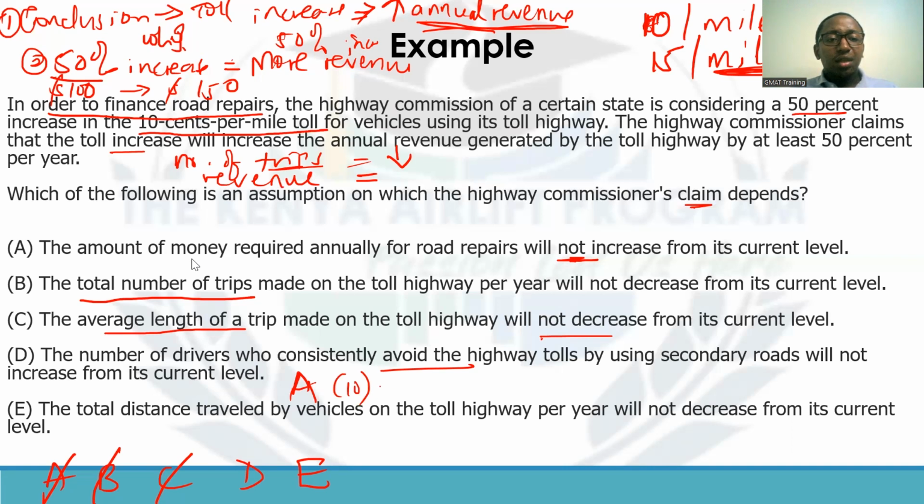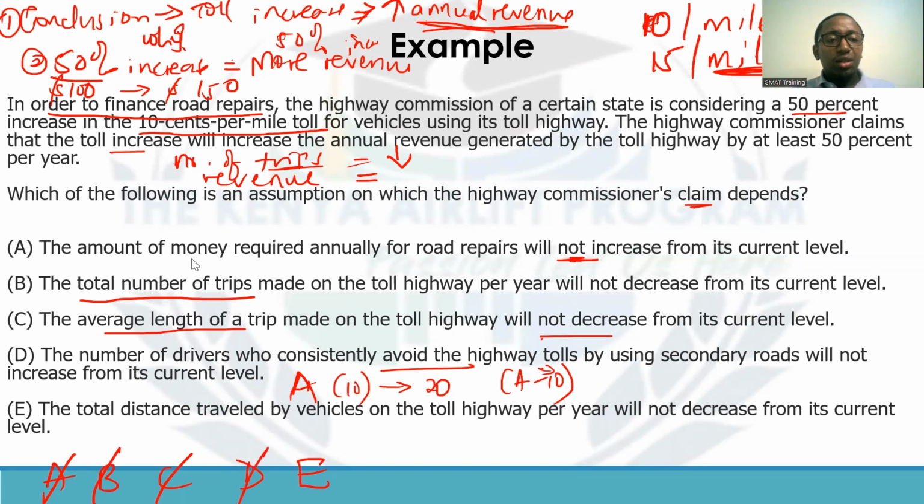If this 10 turns to, say, 20, we have A minus 10 drivers driving through that road. So there are fewer drivers driving, but what if those remaining drivers increase the amount of traveling they do? That means they can actually compensate for the drivers who start avoiding the highway. So as with B and C, D does not necessarily strengthen or weaken these arguments.